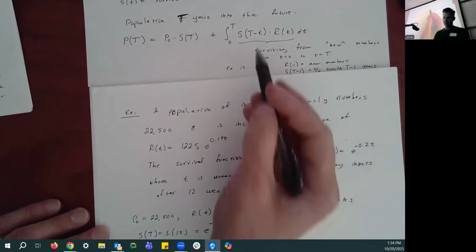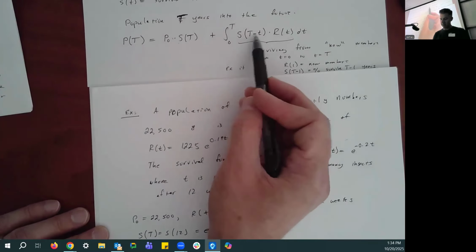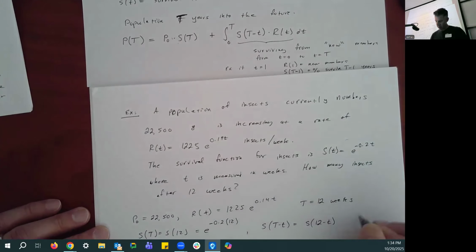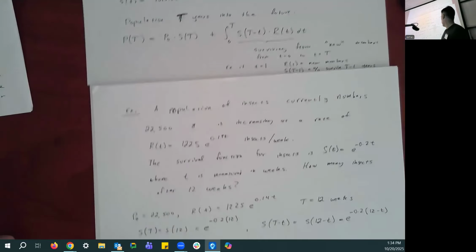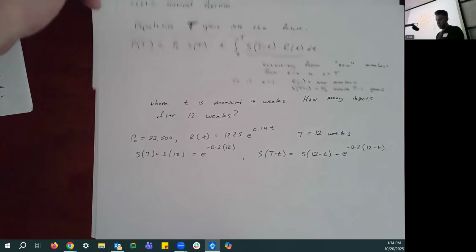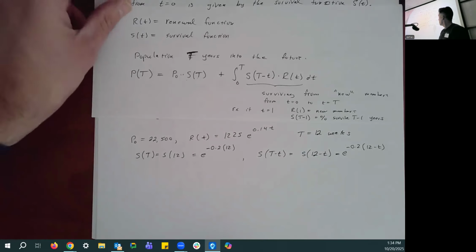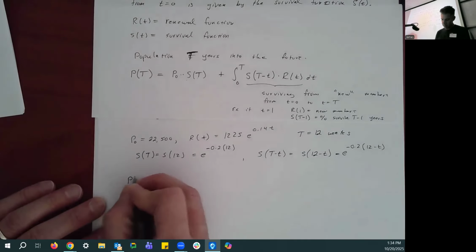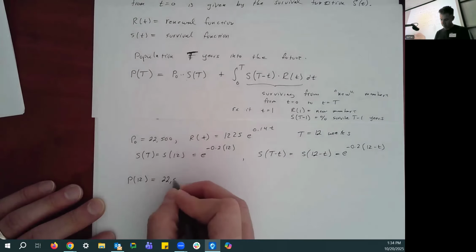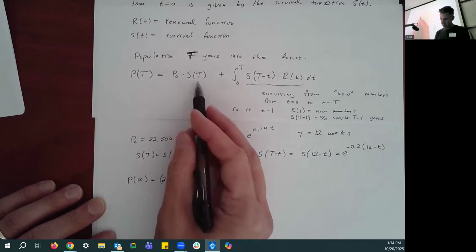And then in my opinion, the weirdest part, the S of capital T minus little t, is going to be S of 12 minus little t, which is going to be e to the negative 0.2 times 12 minus little t. Apologies. And then we're going to toss all of that into that formula. So P of 12 is equal to P naught, 22,500, times S of capital T, which is S of 12.